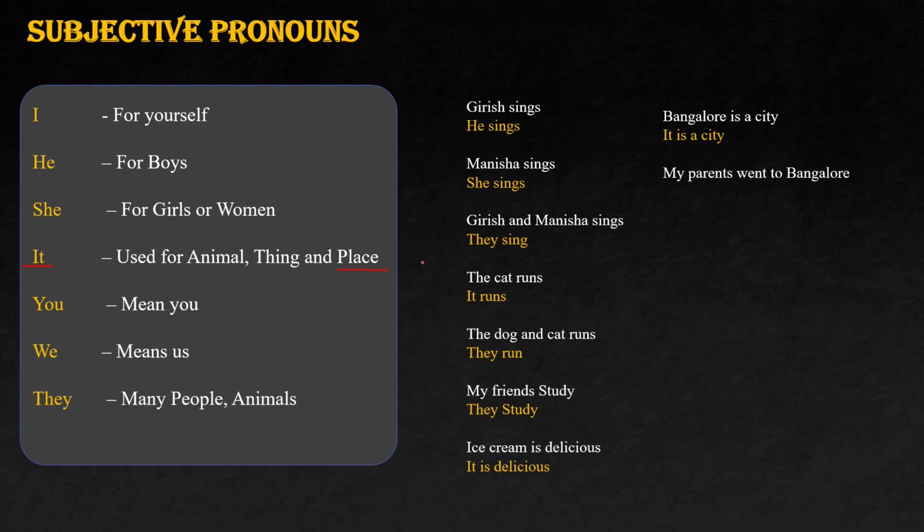My parents, many people, then it should be they went to Bangalore. My parents and I went to Bangalore. Then what should it become? Here it includes you with your family, then it should be we. We went to Bangalore.